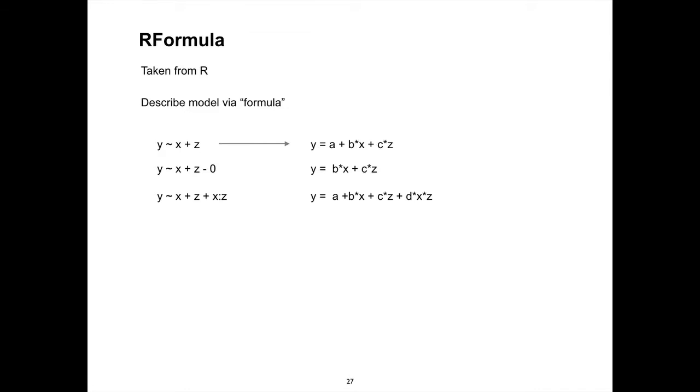The -0 or +0 says do not include the intercept, and the colon means multiply those two independent variables together to get another term.